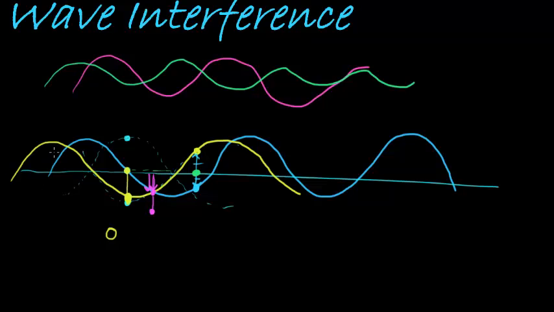So the result of these two waves will cause a new wave. These two waves will interfere with each other and cause a new wave. So we have one point there, one point there, and one point there. I don't know what the new wave is going to look like.